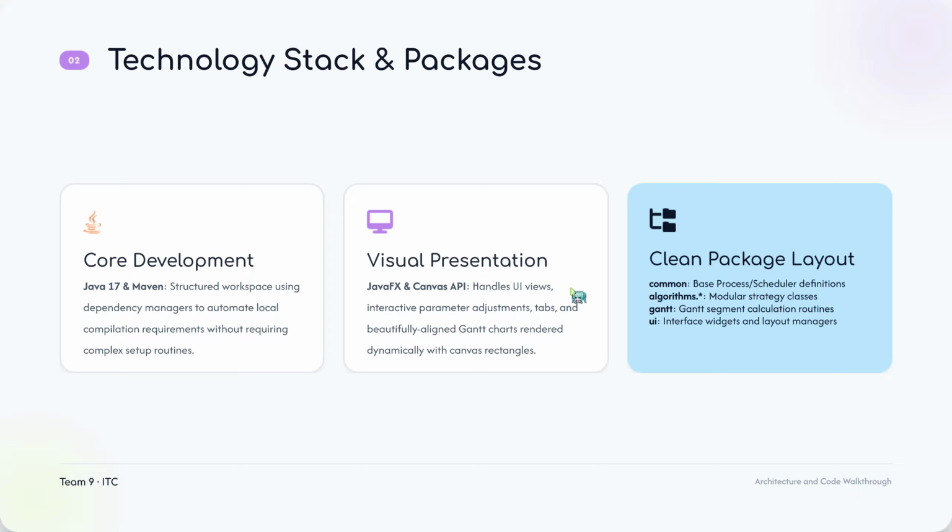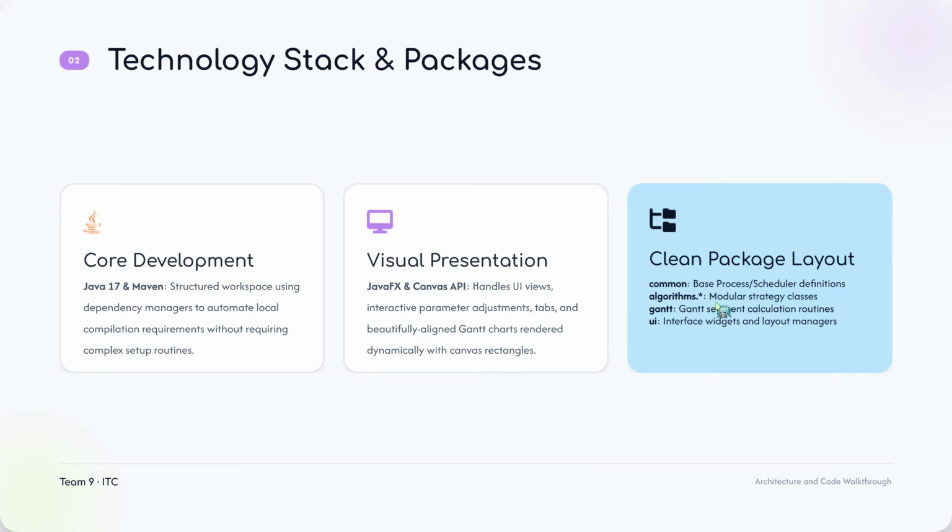And for the package layout, to keep the project maintainable, we structure the code into a clean package layout where each algorithm is stored in a separate package. We have the common package, which holds the process model and the scheduler interface.